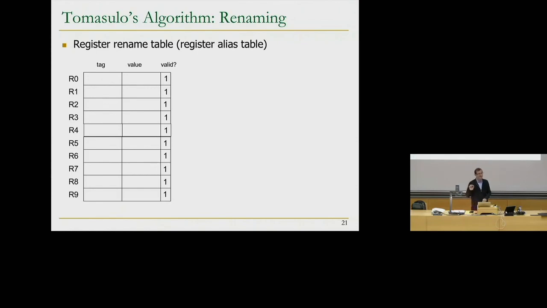And that tag is some other namespace, basically. Remember, we associate that tag to a reorder buffer entry, but it could really be anything, as long as it uniquely identifies the instruction that's going to produce that version of that register. So it just needs to be a unique name.